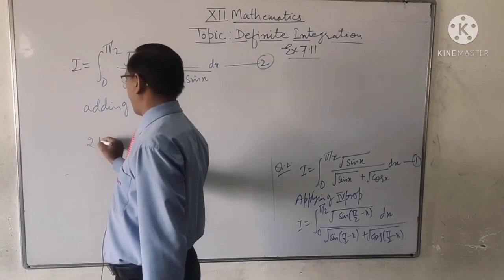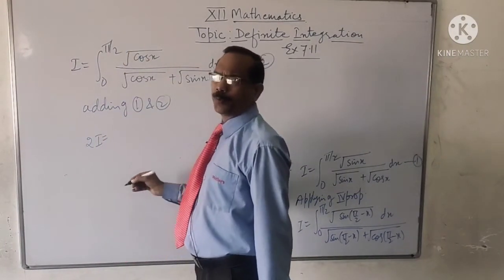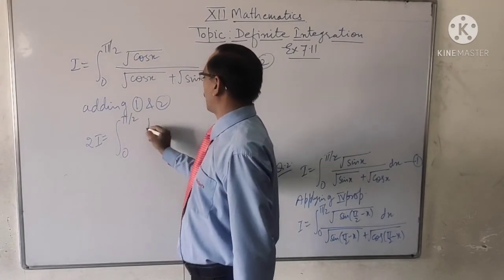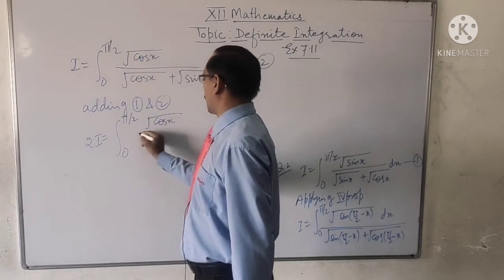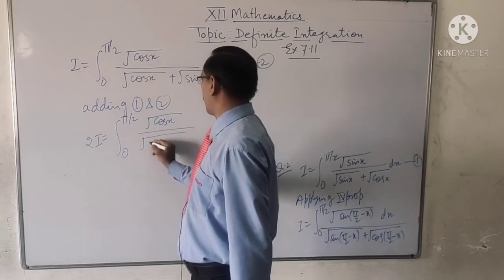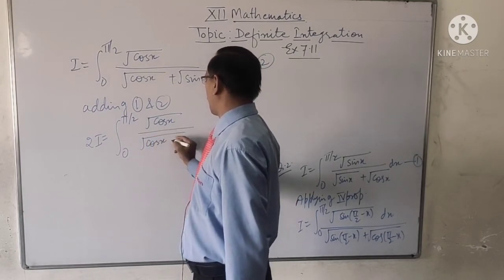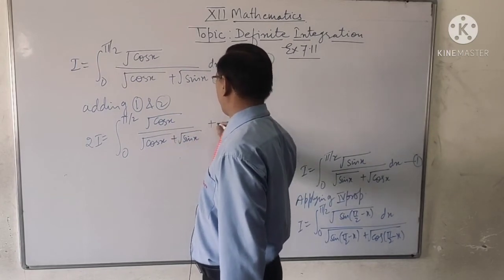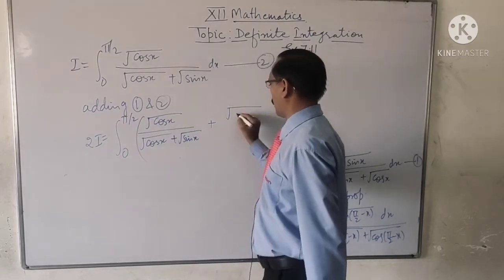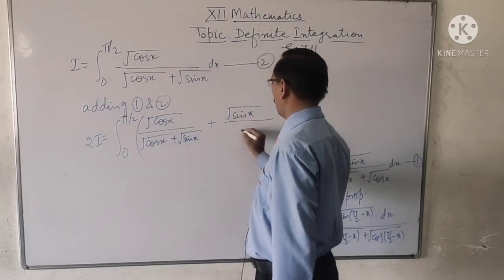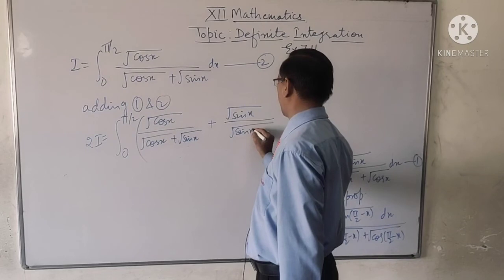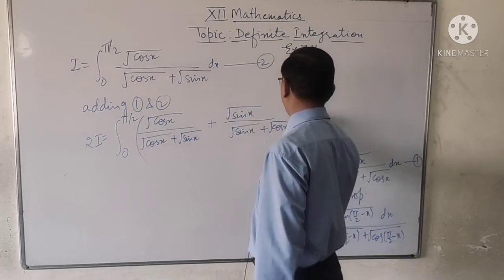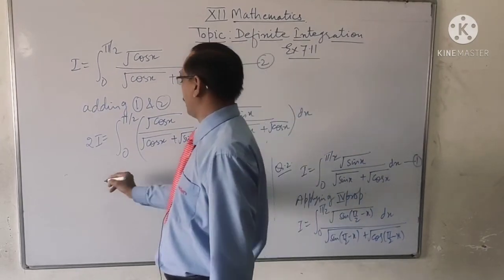We get 2I equals, with a common limit 0 to pi by 2, root cos x upon (root cos x plus root sin x) plus root sin x upon (root sin x plus root cos x) dx. Then take the LCM.